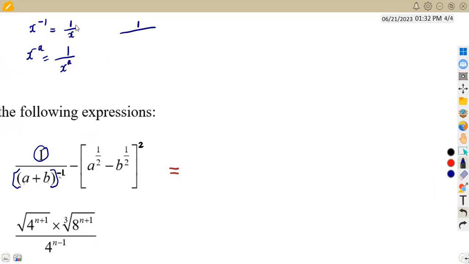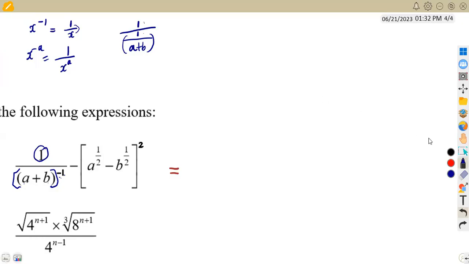The one that I'm saying is the same as 1 over x. So it is going to be 1 over, a plus b to the exponent of 1, which is just the same as 1 over a plus b. Now, what are we having? It's a fraction with three elements.